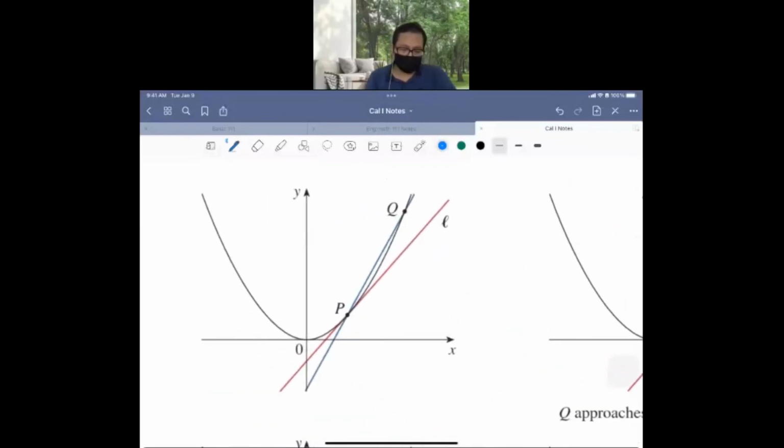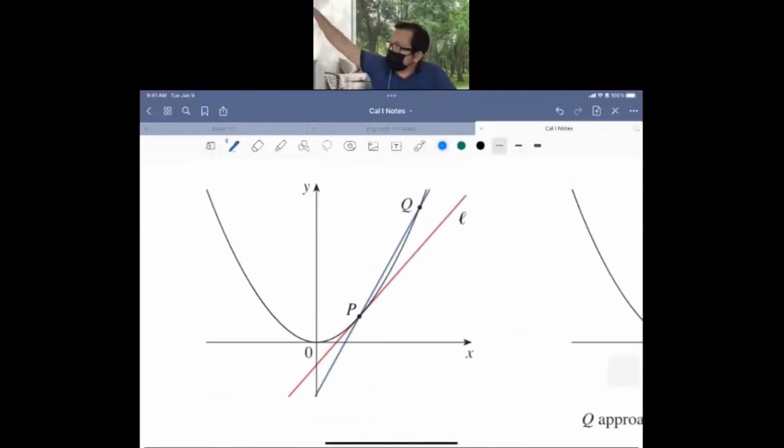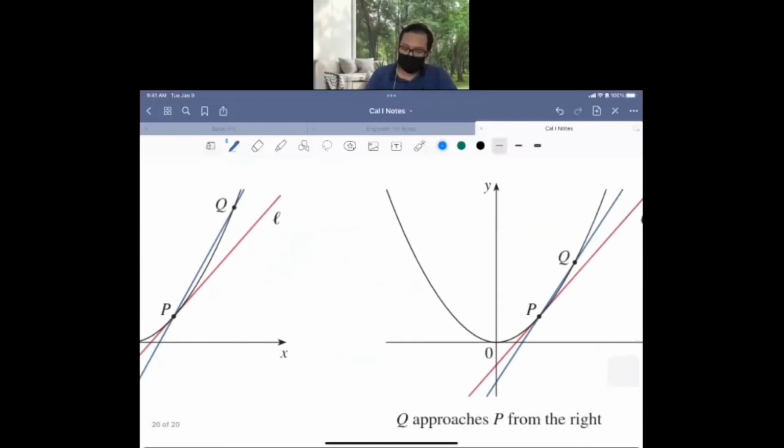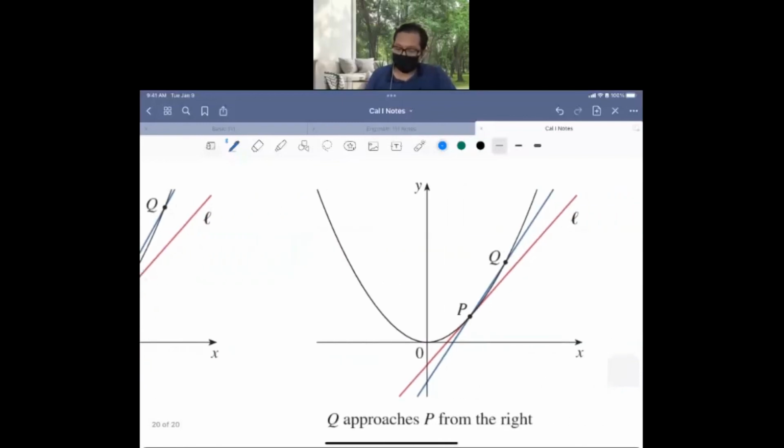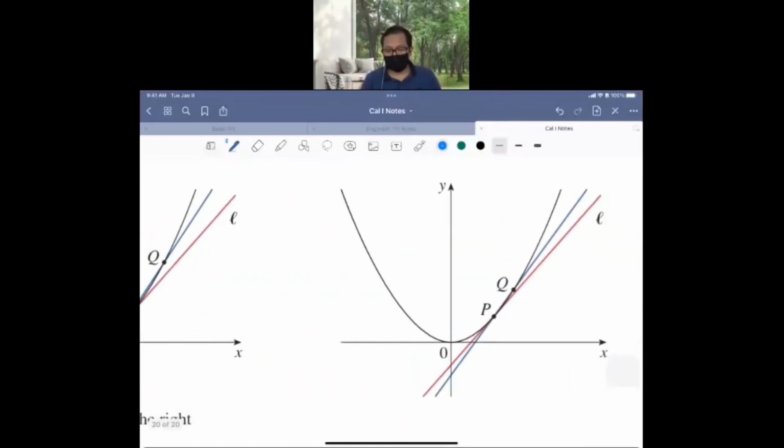So we start maybe from here, let's say Q is up there. Okay, the secant, and let's say we are going to move Q close to P. So we move Q, and then maybe here. So as Q gets closer to P, you will see that the secant line is also getting closer to the tangent that we are going to evaluate, or we want to make out the formula.